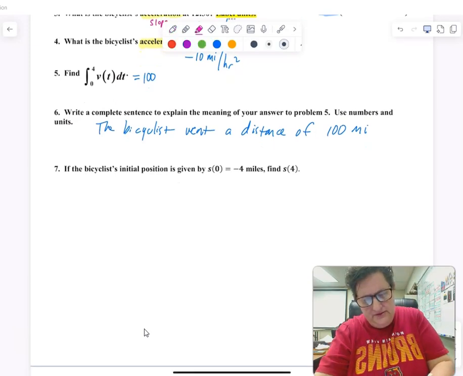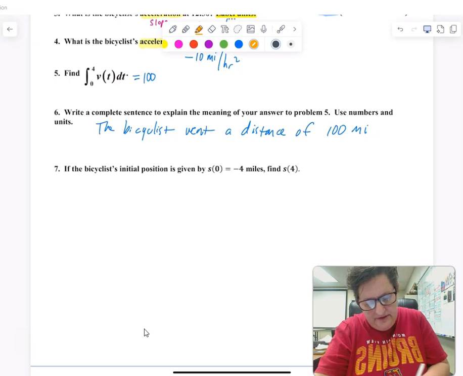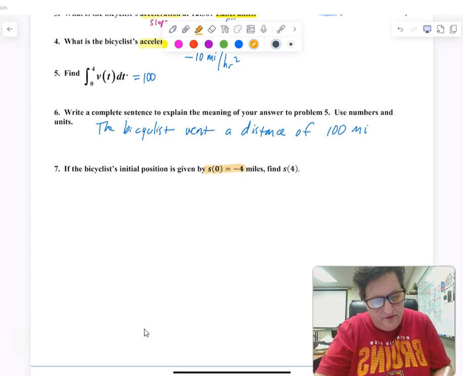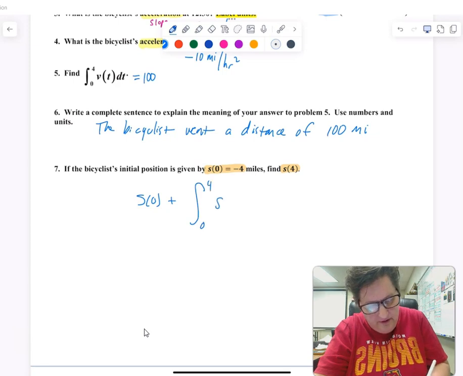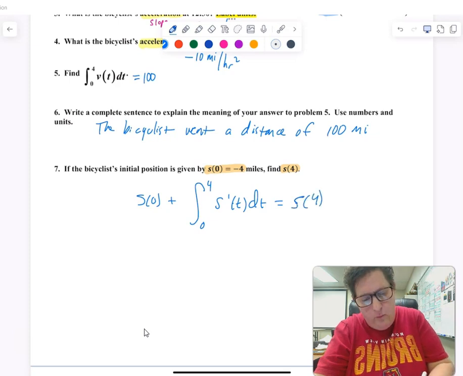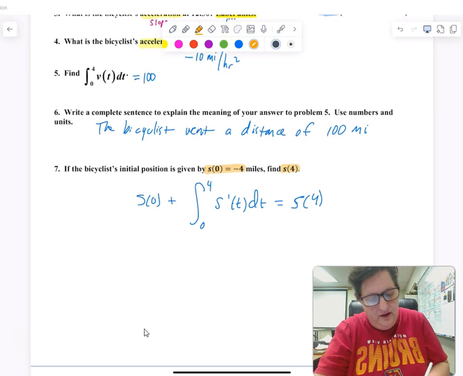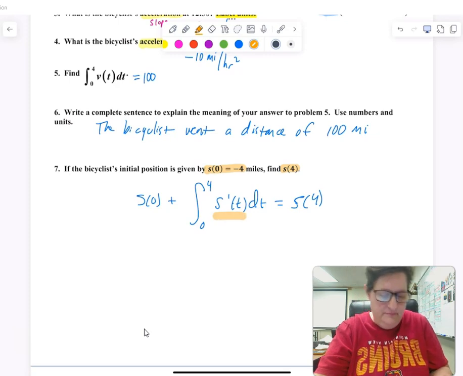Okay, you guys, this is a very, very classic AP question. The bicycle's initial position is given by S of 0 is -4. Find S of 4. Okay, so we go like this. S of 0 plus the integral from 0 to 4 of the derivative equals S of 4. Now, what is the derivative of position?